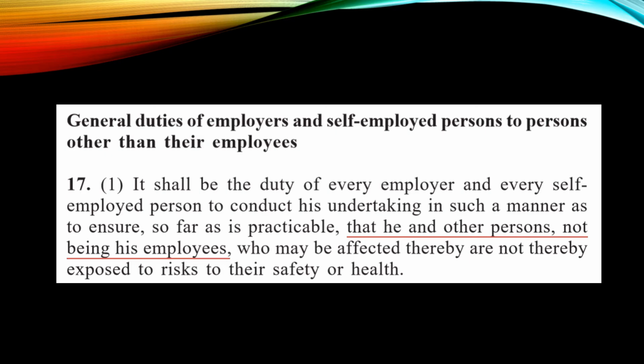In the case that I've explained to you just now regarding the wobbly chair, what could happen is, if you're the employer or the owner, you can be prosecuted by the government if they can prove that the wobbly chair was something that, number one, you should have known, and number two, you could have prevented. Because remember, the law lists the responsibility as so far as is practicable, meaning does it make sense that the employer could have prevented it from occurring?